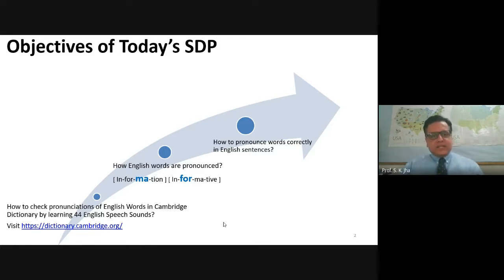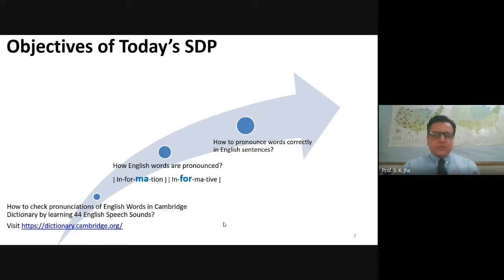The second objective is how English words are pronounced. Here I have given you 2 examples. One is information and one is informative. I have also divided these words into syllables.